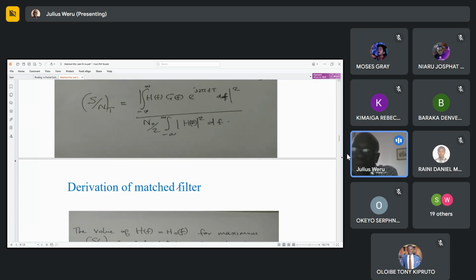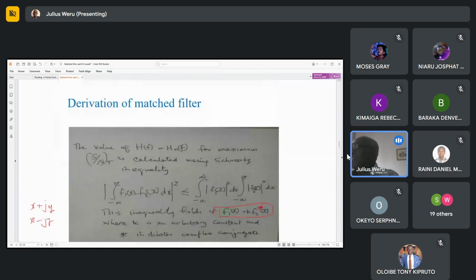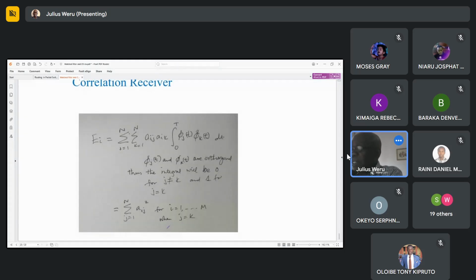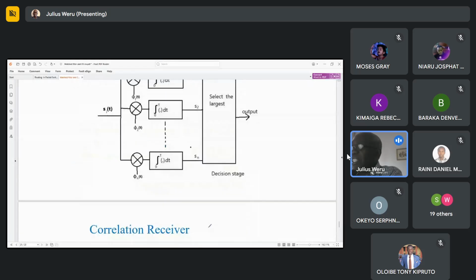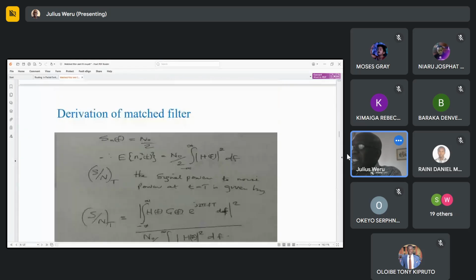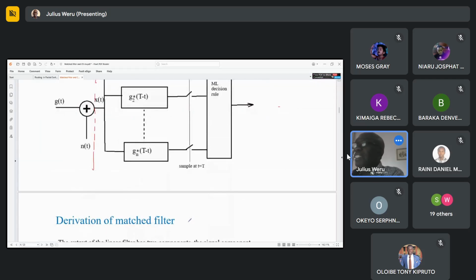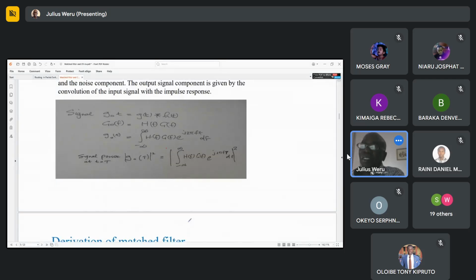So that is the matched filter receiver. I don't think we'll finish, but maybe we can finish the remaining part in the afternoon, then we don't even have to meet in the afternoon. What is the feeling of everyone? We try to finish, we do the full hours, then we don't come back in the afternoon.